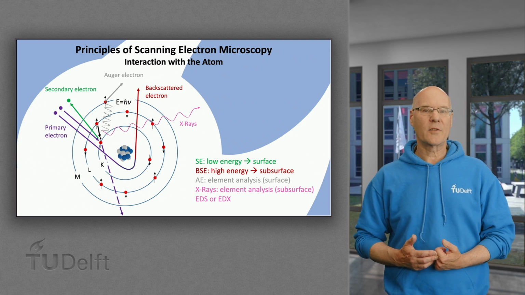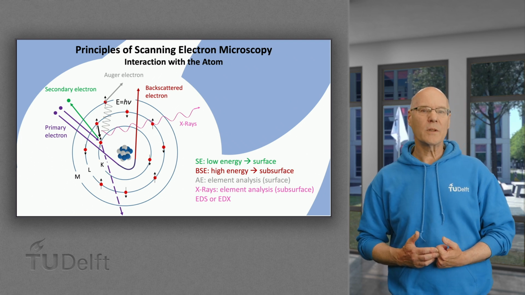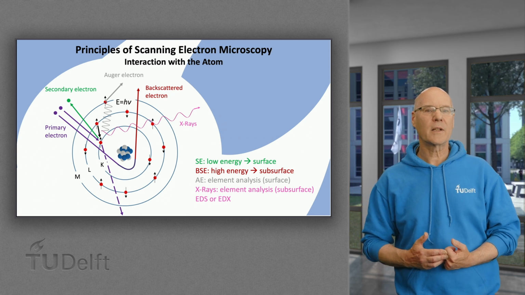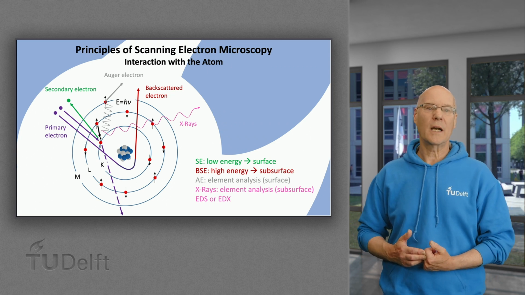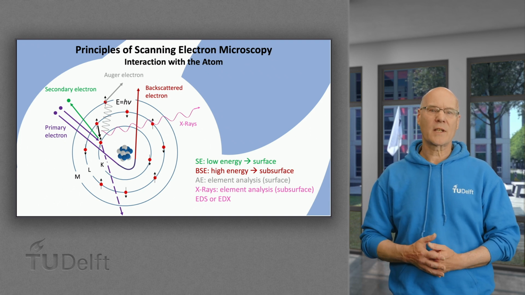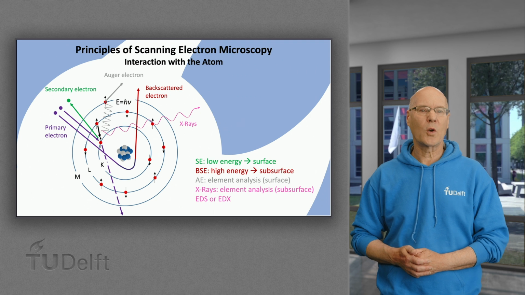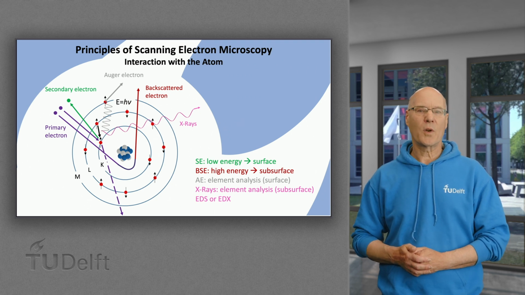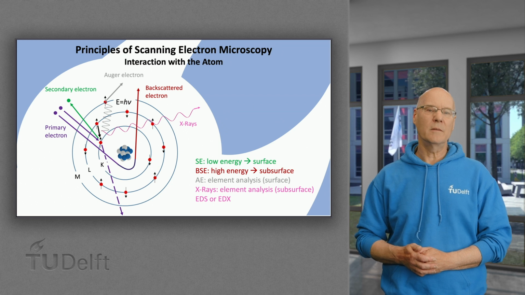Once an electron has been removed, it is possible that other electrons in higher orbitals fall back in the created electron gap, under a radiation of X-rays. These X-rays thus can be measured with what is called EDS or EDX, Energy Dispersive X-ray Spectroscopy.